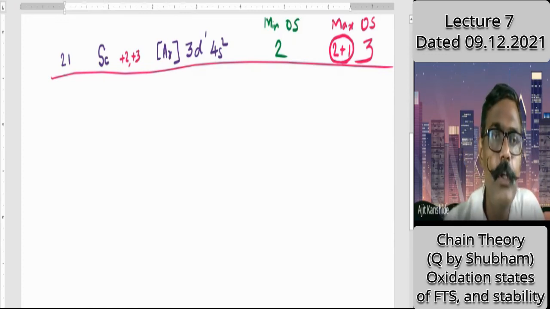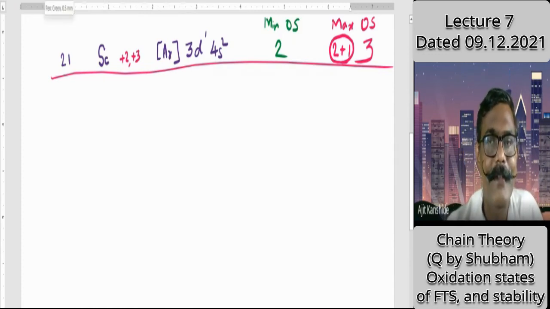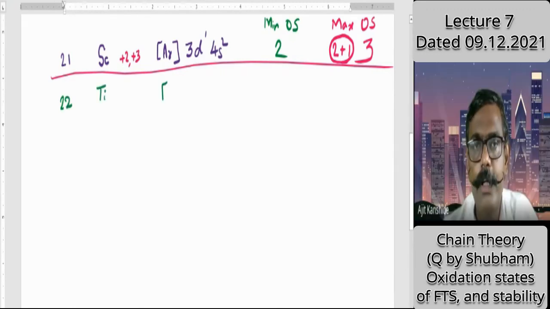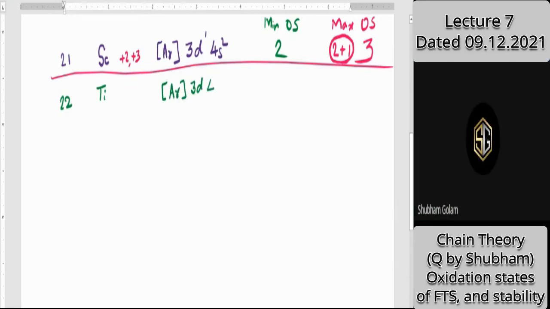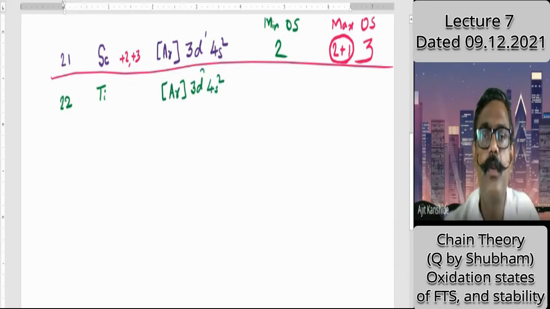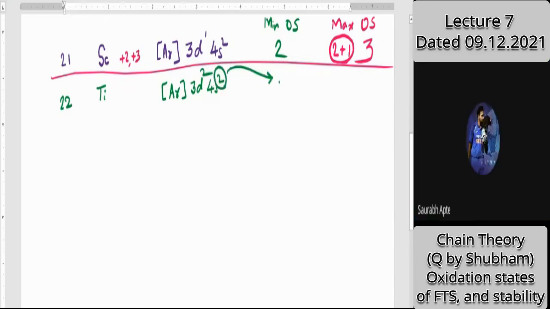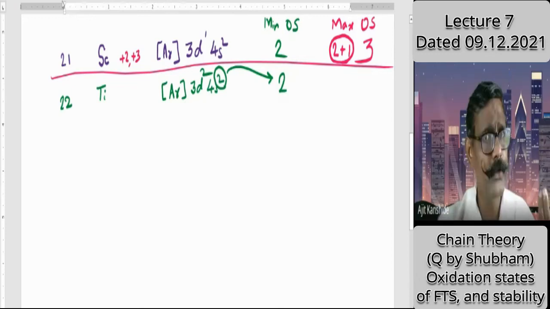Let me continue the discussion for the next element, titanium. Its electronic configuration is 3d2 4s2. The minimum oxidation state is the number of electrons in the 4s orbital, which is 2, so +2.